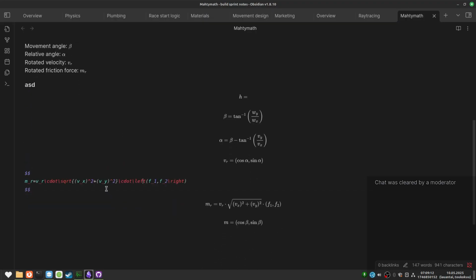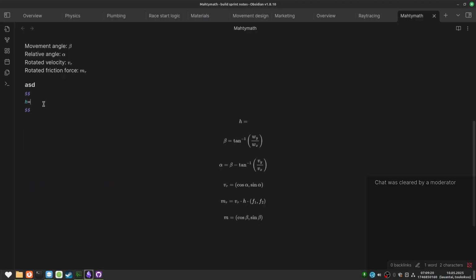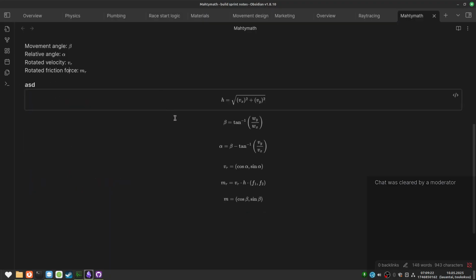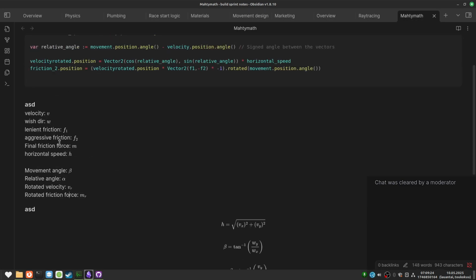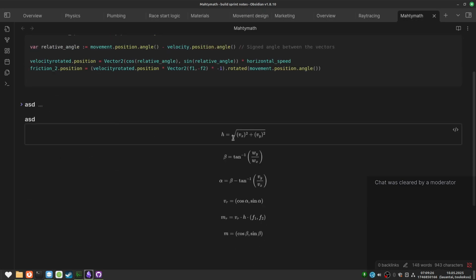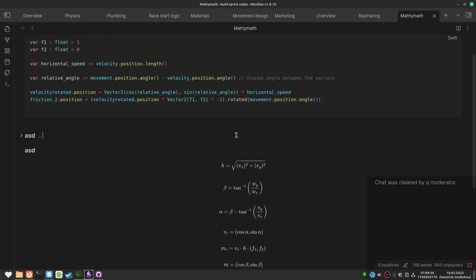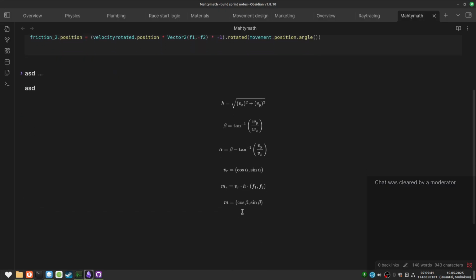Take this. And this actually doesn't matter here because it's just a scalar number.